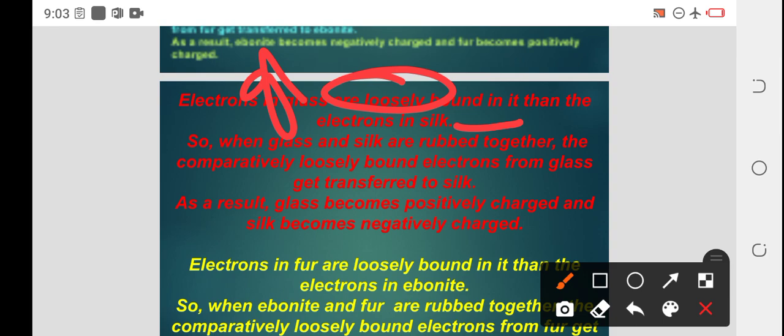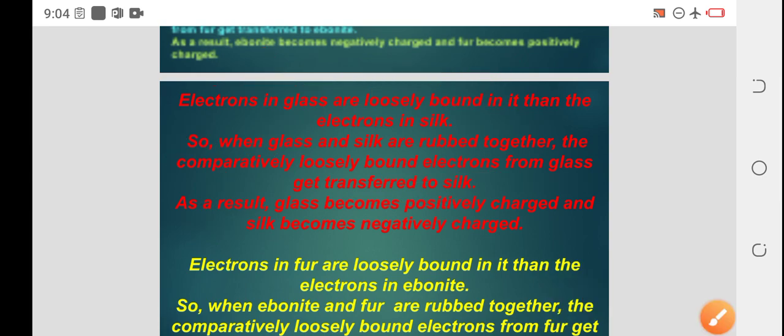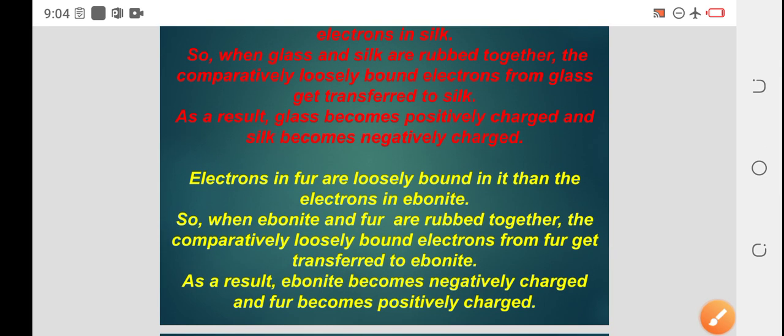So what is happening when glass and silk are rubbed together? The loosely bound electrons from the glass get transferred to the silk cloth.